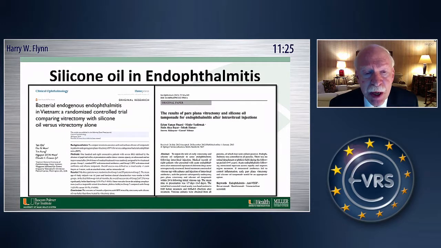Here are two more papers on silicone oil in endophthalmitis. On the left, a study from Vietnam, a randomized controlled study comparing vitrectomy with silicone oil versus vitrectomy alone. In this study, clearly silicone oil cases in this randomized study did better in terms of visual acuity and integrity of the globe compared to vitrectomy alone.